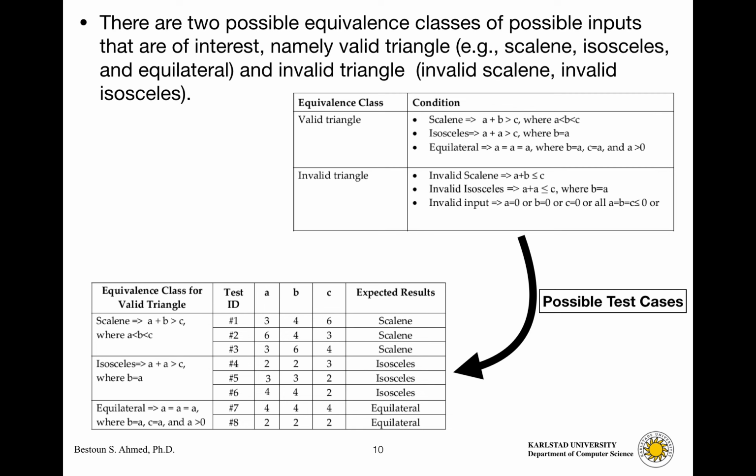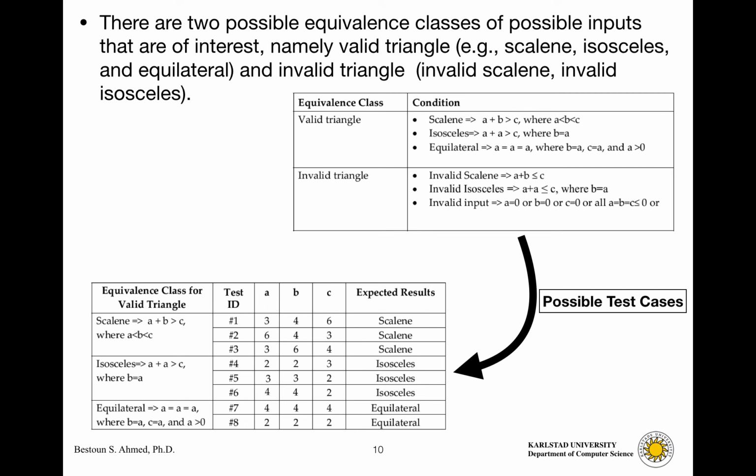For a valid triangle, we say that this kind of triangle is basically one of the three kinds that we set for sorting the triangle, or it is not any of these. So basically, when we go for the equivalence class for a valid triangle, we try these conditions and then we have the test cases.